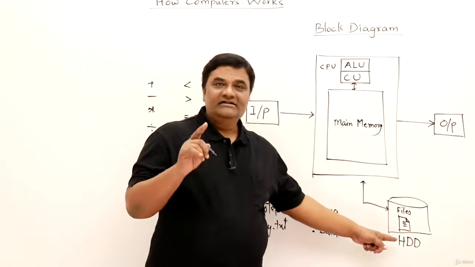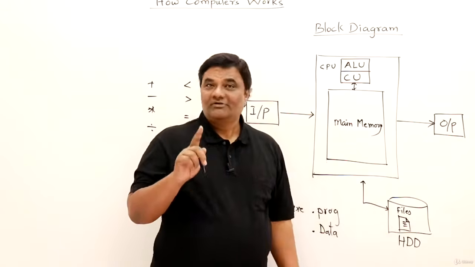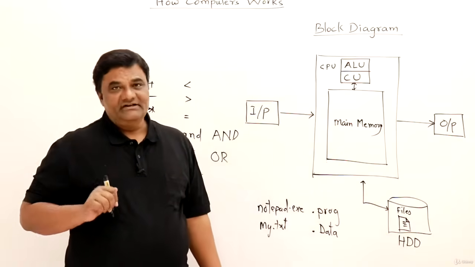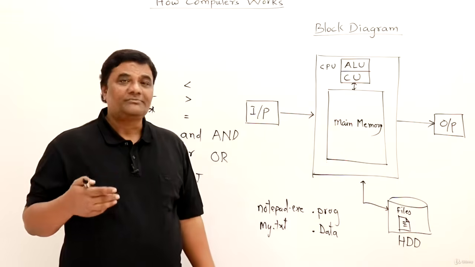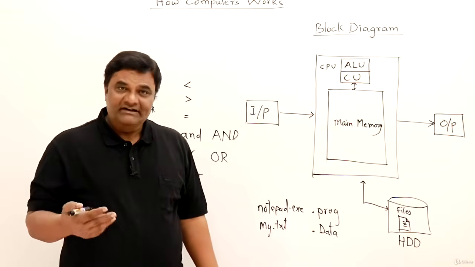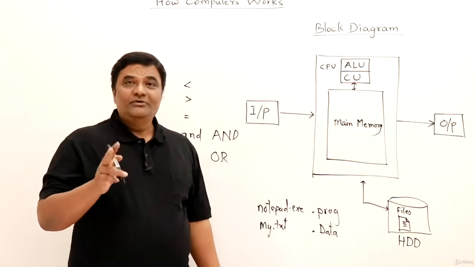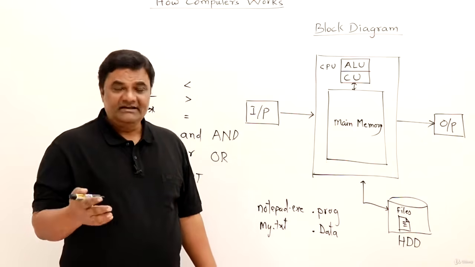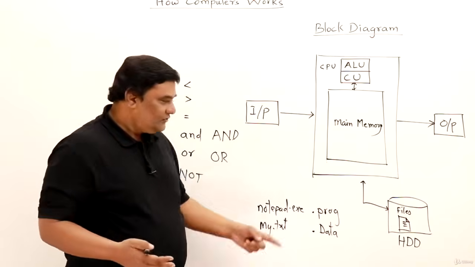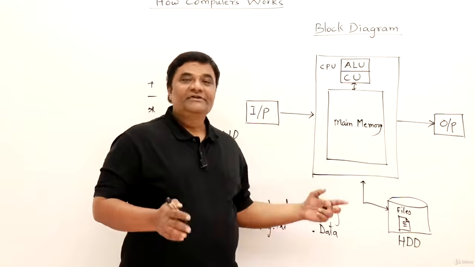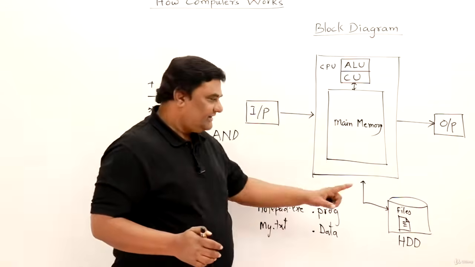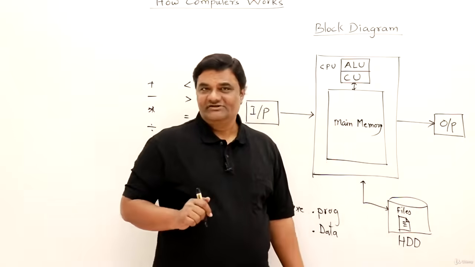So finally, the hard disk contains two types of files, program files and data files. If you have audio files or music files or video files, all those come under data files. And if you have a music player like VLC player or media player, those come under program files. So we store our programs inside the hard disk, and this is permanent storage.